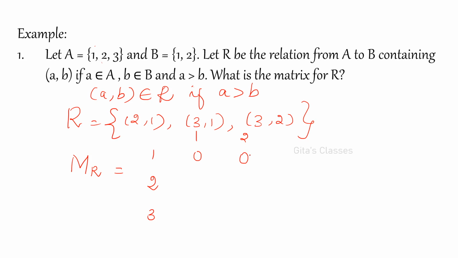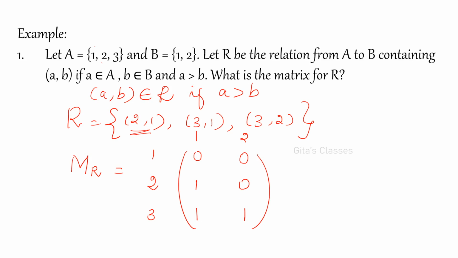No, therefore 0. Is 2 related to 1? Yes, 2 is related to 1, therefore 1. If they are related, you write 1; if they are not related, you write 0. Is 2 related to 2? No, therefore it is 0. 3 is related to 1, therefore 1. 3 is related to 2, therefore it is 1. So this is our matrix.